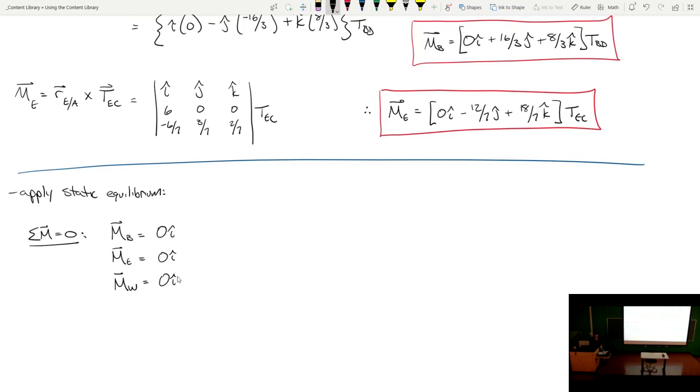Now what about the J component? This one has that. This one has that, and this one has 0 j. Let me write these j's off to the side a little bit.